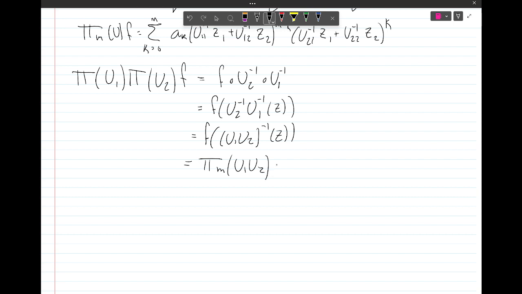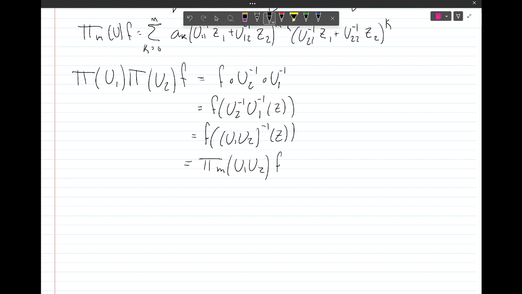And we see that the multiplication operation is respected. Okay, excellent. So now we have developed this representation of SU2 acting on Vm.